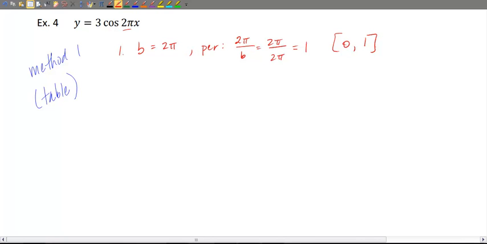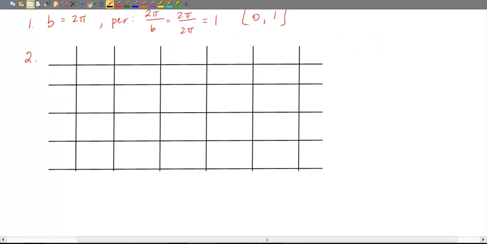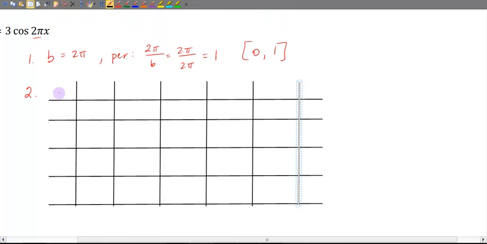The next thing that I want to do is make up the table based on this interval being broken up into fours. So we end up with 5 values. We're going to draw a table. I drew a table right here, and I'm going to fill this in by putting my interval values up here.